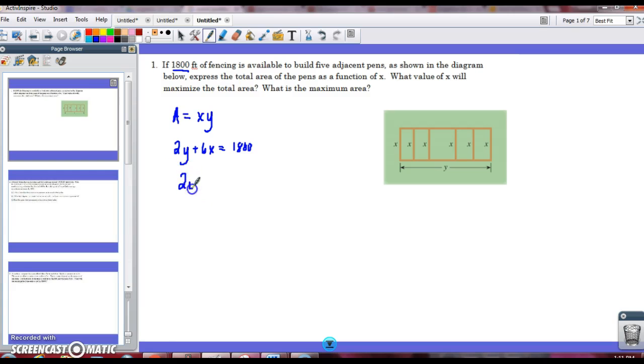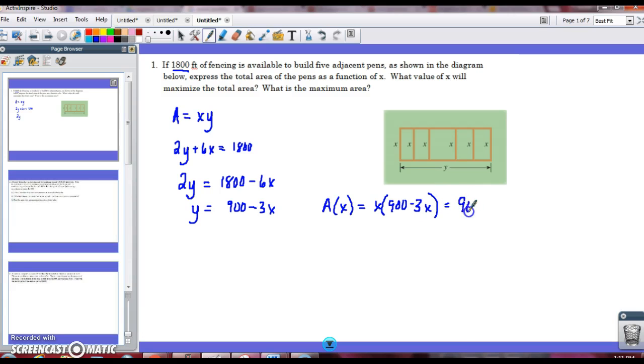So I end up with 2y plus 6x, 2y is equal to 1,800 minus 6x, and so then y is equal to 900 minus 3x, and so then we can express the area A of x as x times 900 minus 3x, and if we distribute, we end up with 900x minus 3x squared. So that is the function.